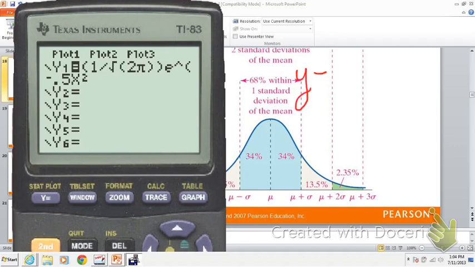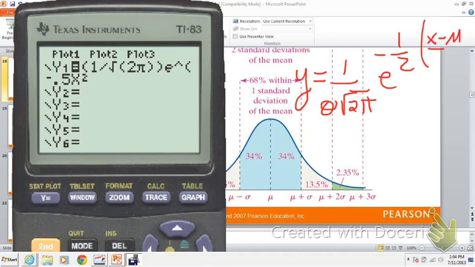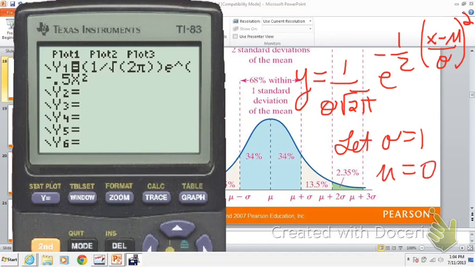Remember when we said the Gaussian, the 1 over sigma root 2 pi e to the negative. And this is something you can do without even having a lot of calculus under your belt, just basic algebra. Just go ahead, and let sigma equal 1 and mu equal 0, standardize.